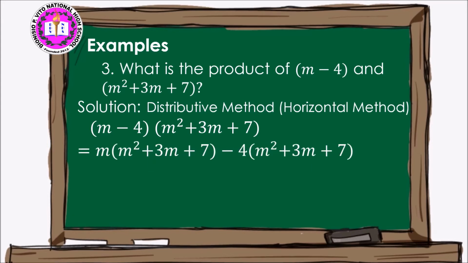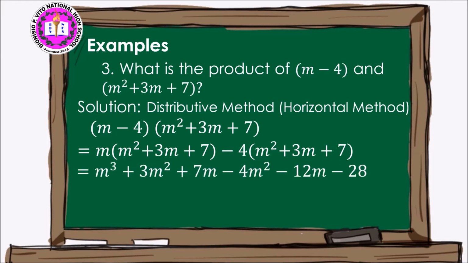So we have m times (m squared plus 3m plus 7) minus 4 times (m squared plus 3m plus 7). So we have m times m squared is equal to m cubed. M times positive 3m is equal to positive 3m squared. Then m times 7 is equal to positive 7m.